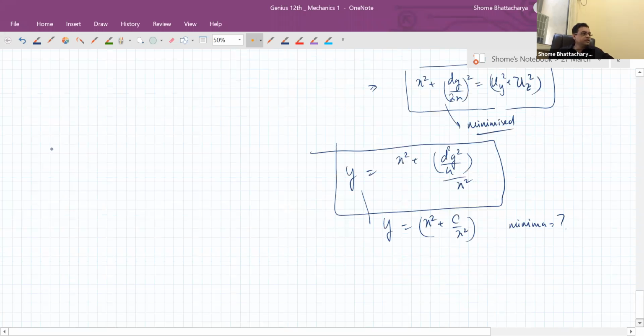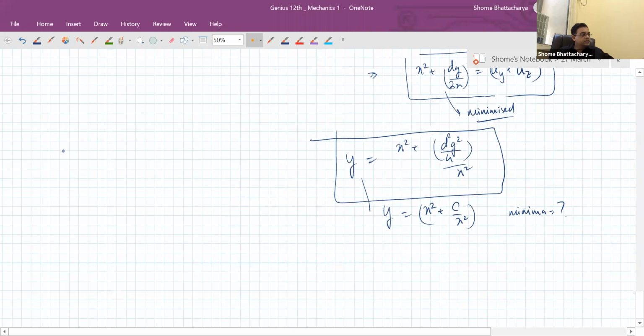Or there's another way you can understand this, that let us take uy square plus uz square as some u prime square. Okay. And uy becomes u prime cos theta, and uz becomes u prime sine theta.